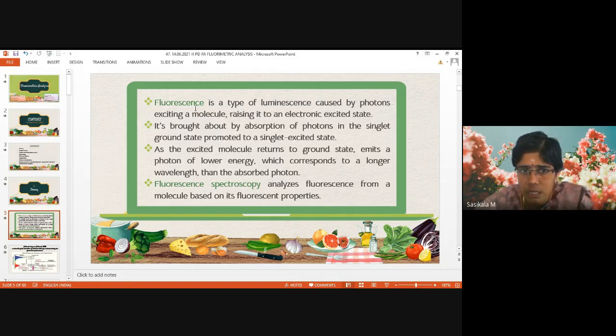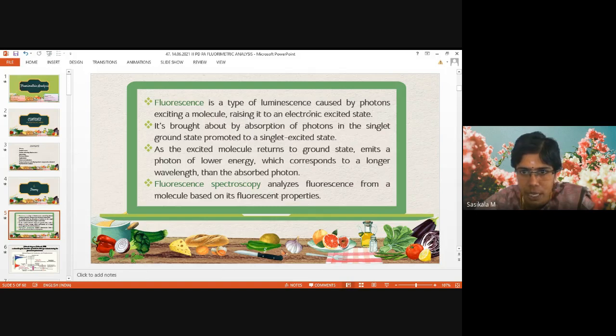Once it has gone to the excited state, it will come back to the ground state. Thereby the molecule will emit radiation. That emission of radiation is called fluorescence. So whatever photons it absorbed to go to the excited state will be emitted as the same photons as fluorescence. So that is termed fluorescence.